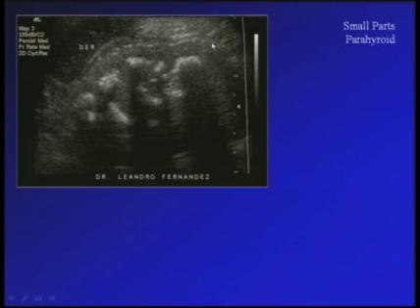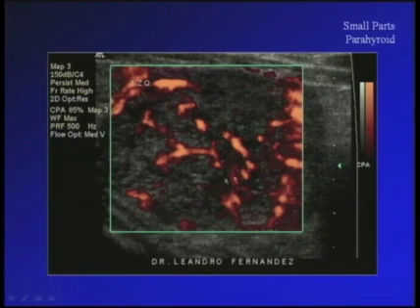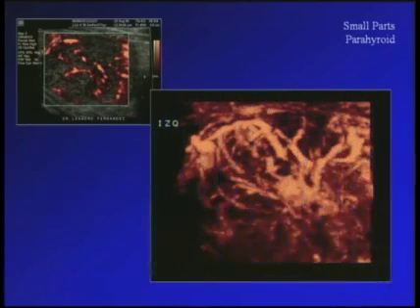So we decided to explore the neck of this patient, and we found this important and huge parathyroid adenoma corresponding to the same disease in this case. This is the adenoma showing the hypervascularized condition with power Doppler, and again compare, and we can see how apparent the vascularization is by using 3D ultrasound.